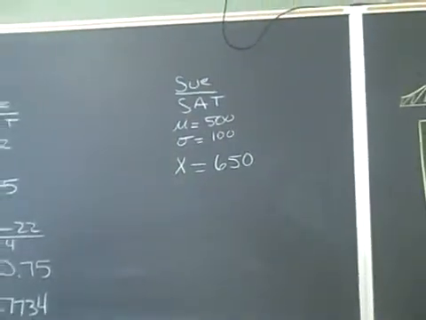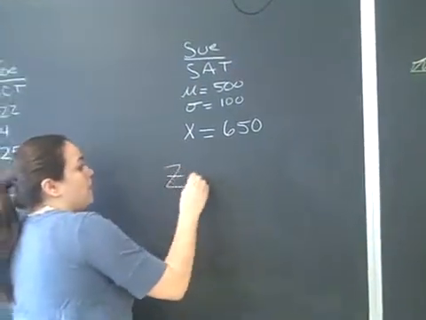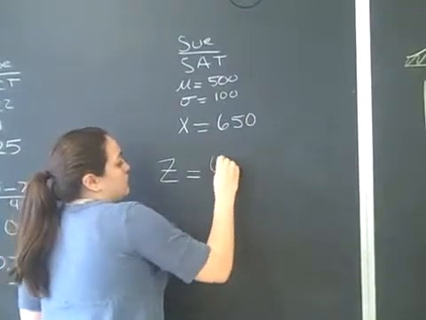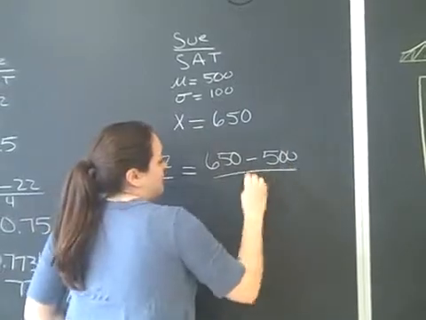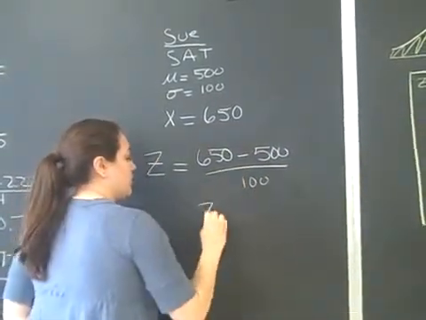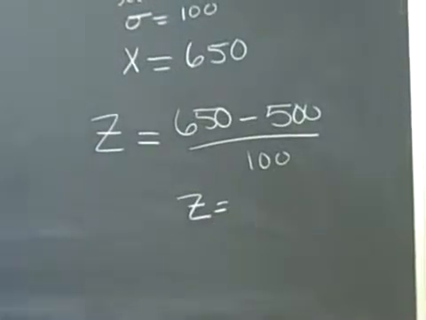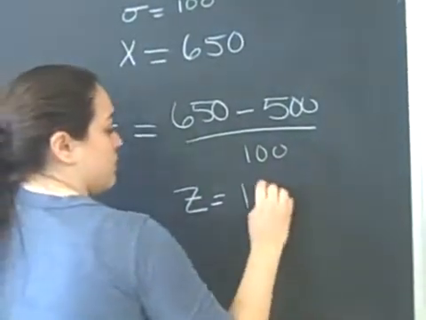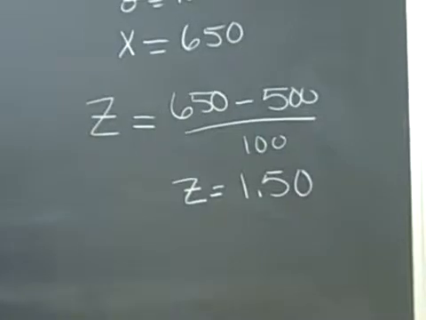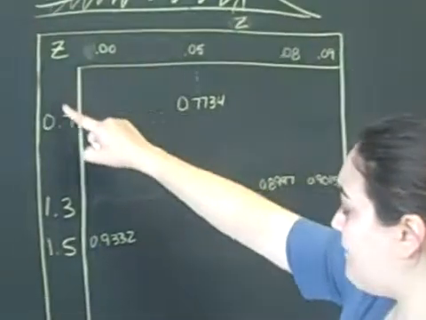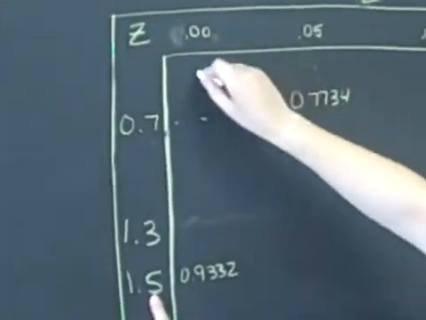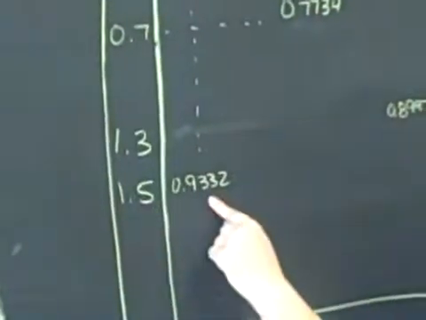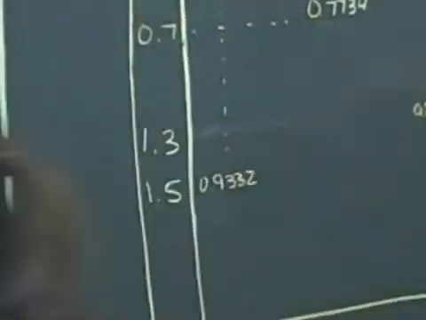So if we determine what the z is from the formula, 650 goes in for x, the mean is 500, and the standard deviation is 100. After calculating that out, her z-score is 1.50. So, using the same method, we find 1.5 on the z-chart and 0 for the second digit.